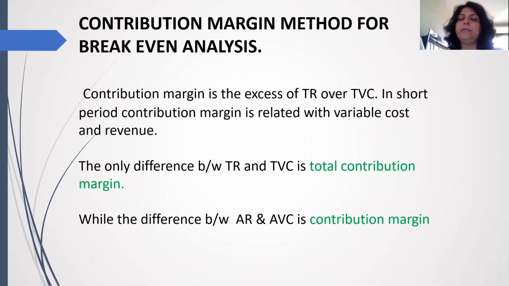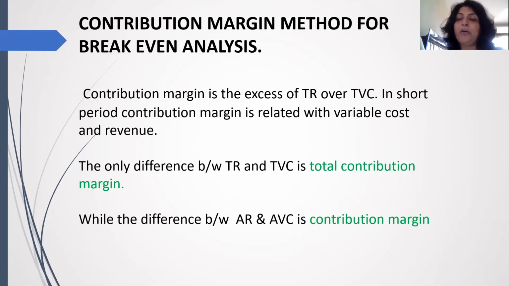Total contribution margin is TR minus TVC. So here TR is equal to TC, so the difference between TC and TVC will give you TFC. That means total contribution margin at the point of break-even can be defined as TFC as well.